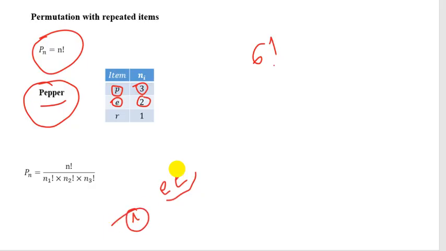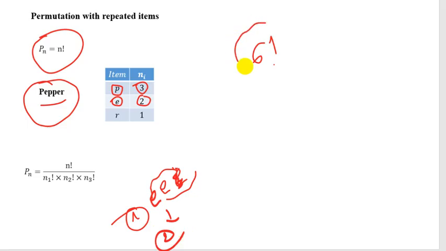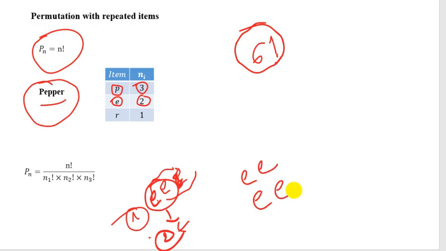I can also start from this E and take this E before this one, so this is the second way. So if I use this formula, it's like I said this E is different from this E. They are not different.